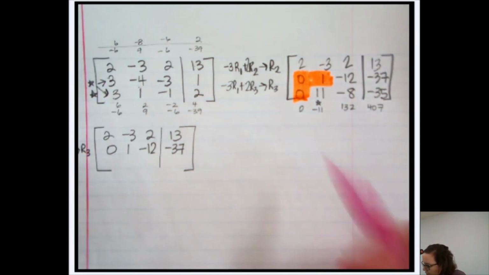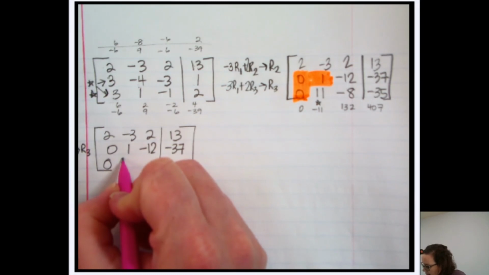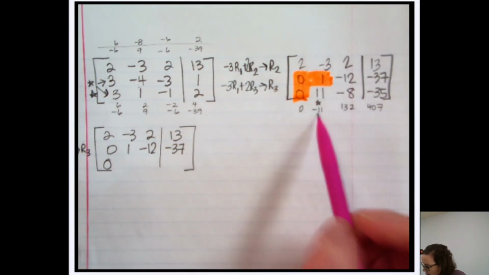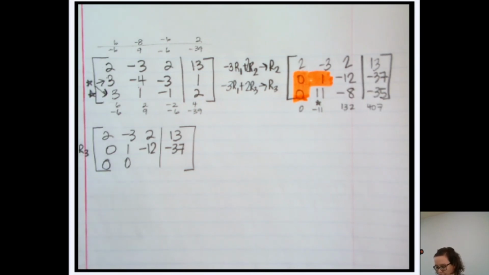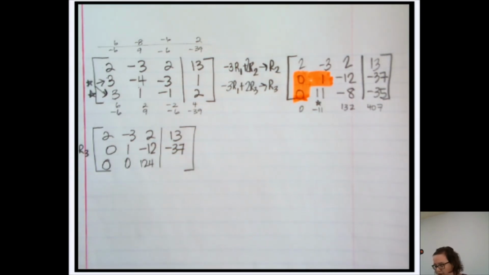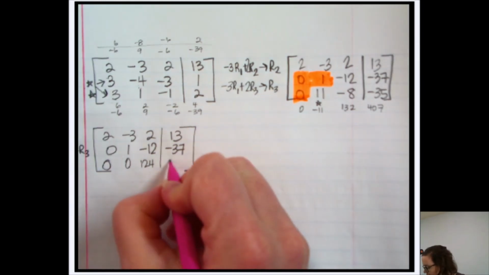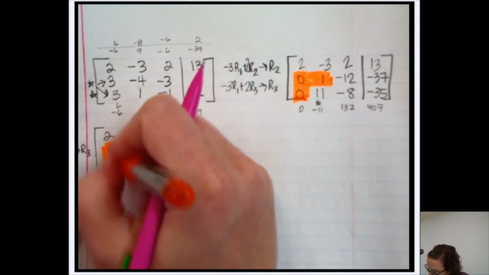Okay, so if I add those together, I get 0, and I get 0. And then negative 8 plus 132 is 124. And 407 minus 35 is 372. Okay, so hopefully this is good.